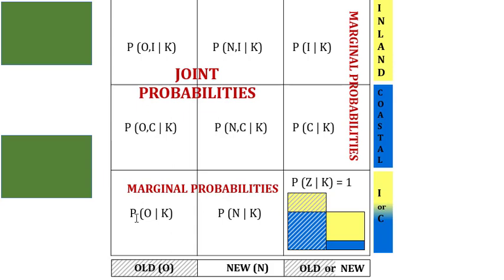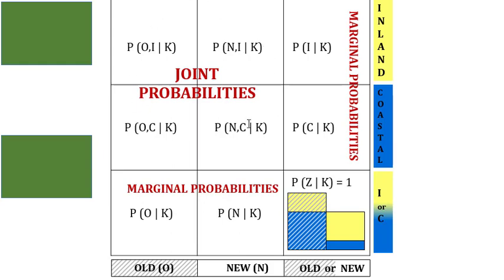So the probability of old given k, which is background knowledge, plus the probability of new given background knowledge must be 1, because we are ignoring the values of the variable location. Same for location: the probability of inland given background knowledge plus the probability of coastal given background knowledge should also be 1.